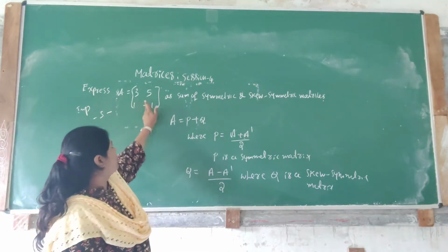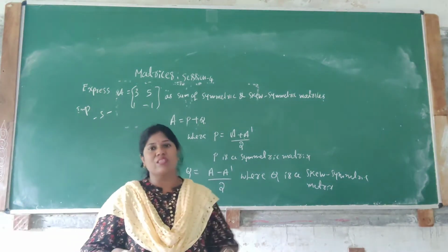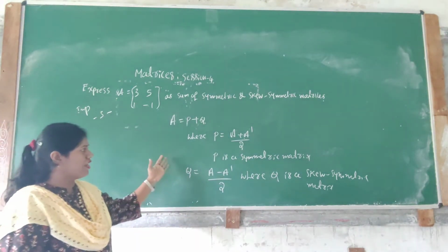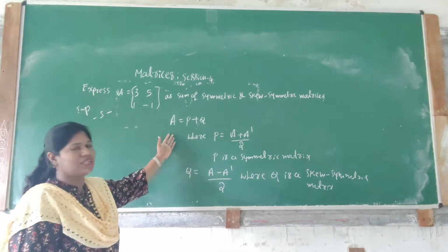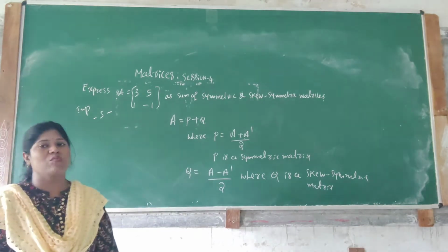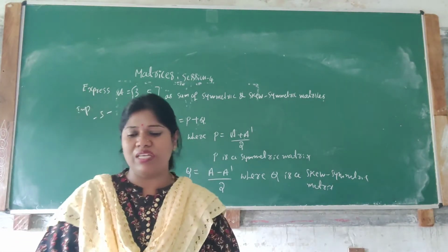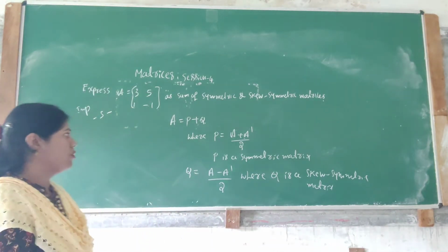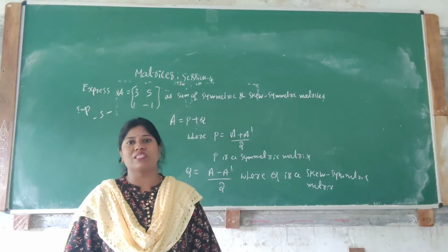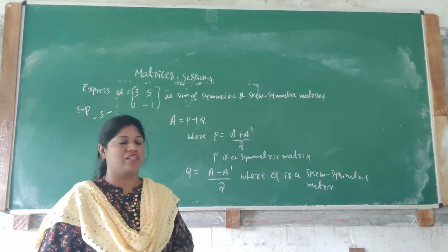A is equal to 3, 5, 1, minus 1. We have to express this example as a sum of symmetric and skew symmetric matrix. This one is very important. Students get 3 marks easily for this question. So the formula is A equals P plus Q, where P is A plus A dash divided by 2, a symmetric matrix, and Q is A minus A dash divided by 2, a skew symmetric matrix.